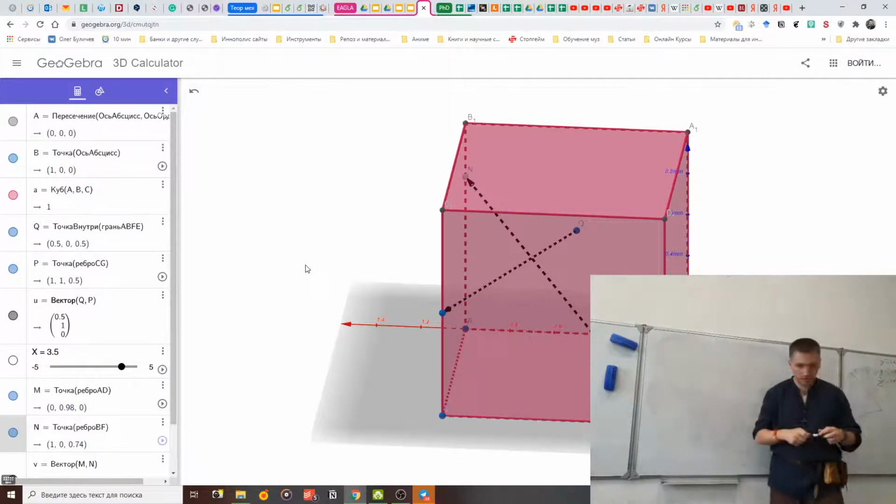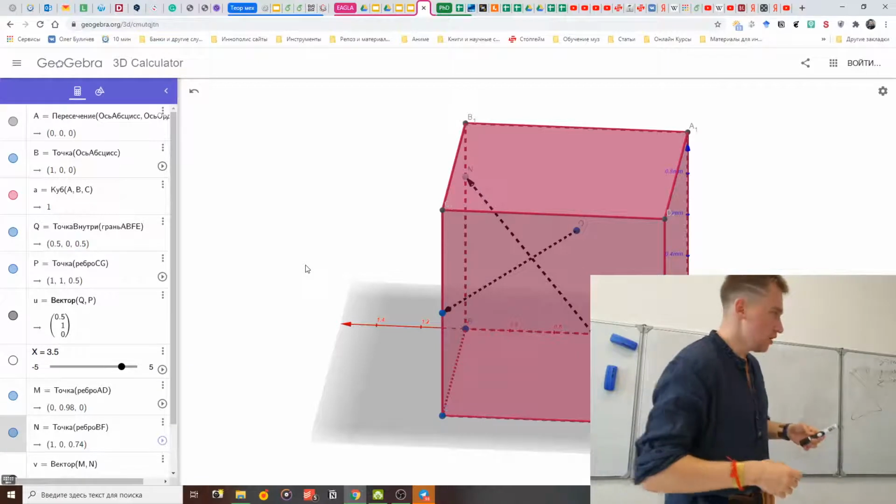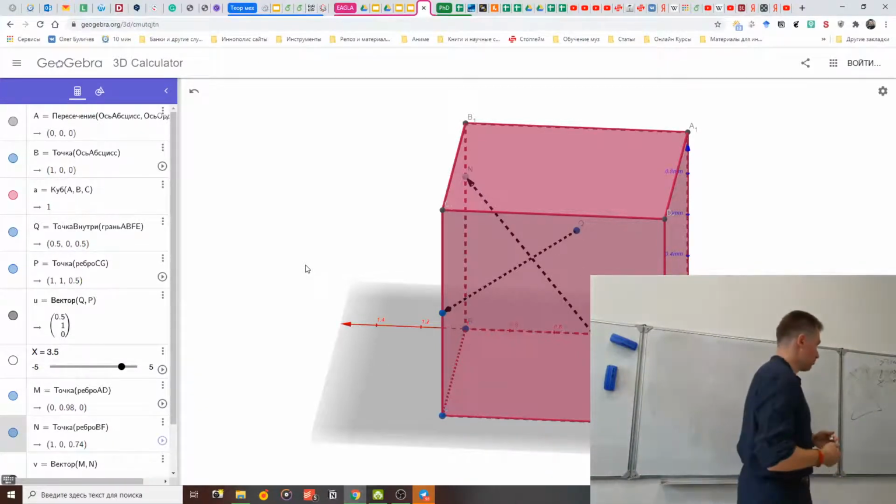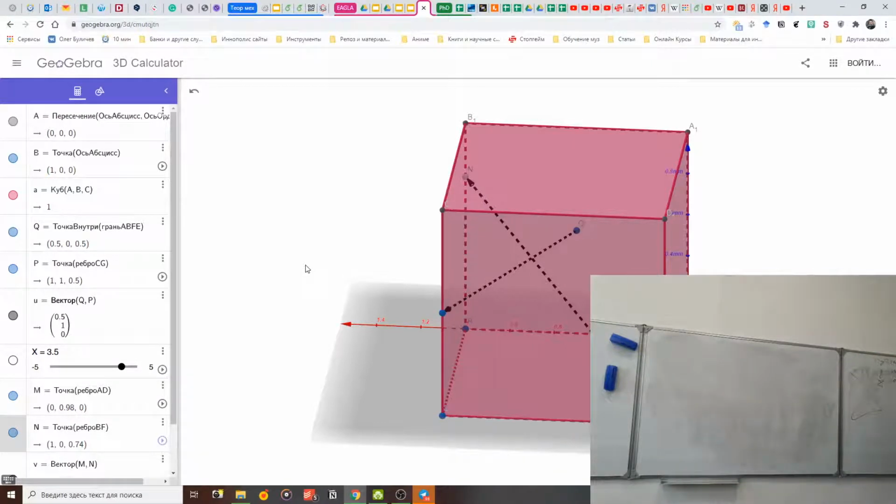Right. After this, we need to write some equations. It's obvious. First, for finding the intersection between these two, we need to write it in algebraic way.